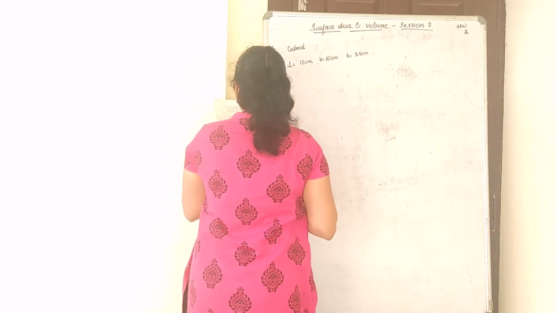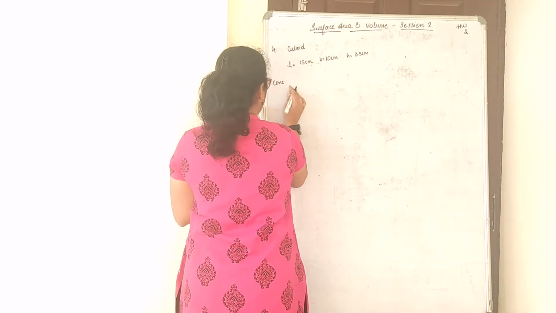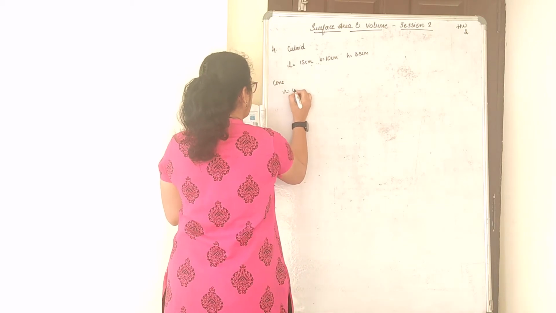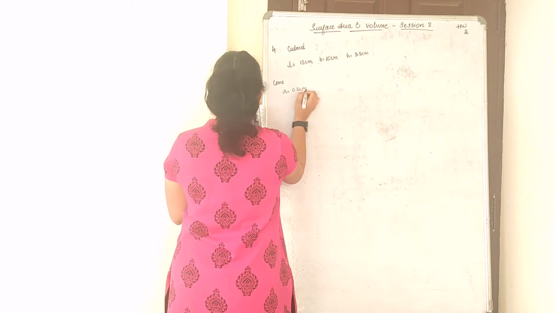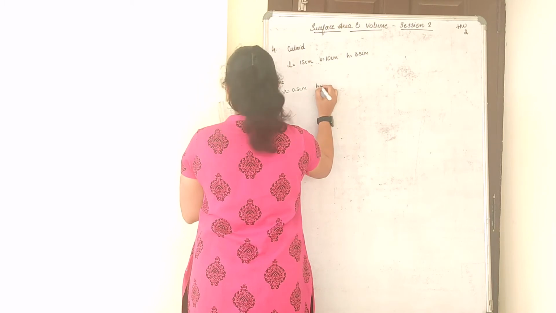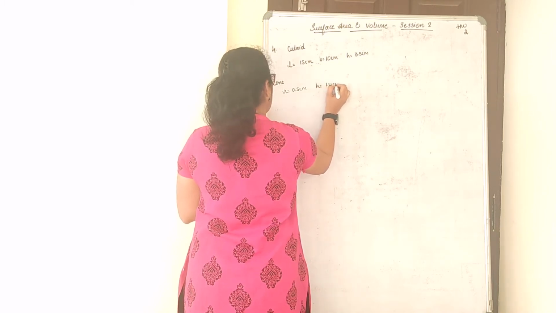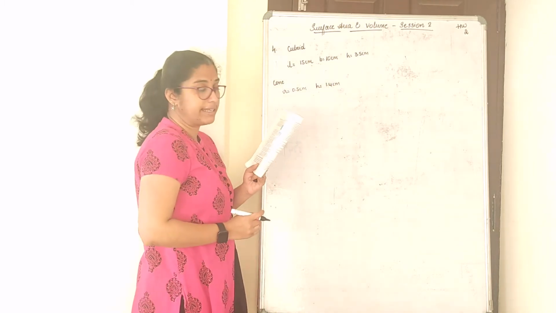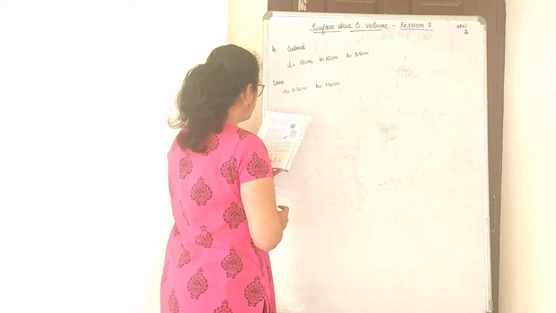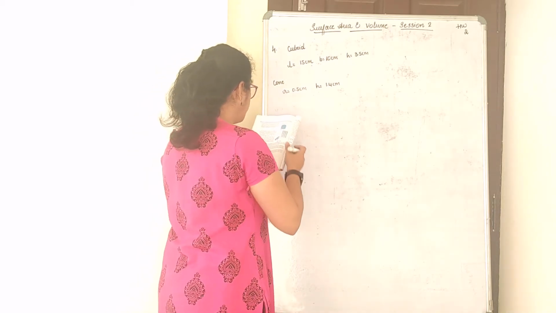The radius of each depression, it's of the cone form, right? So r is equal to 0.5 centimeter and depth is 1.4. For volume, we do not require slant height. Find the volume of the entire wood stand.